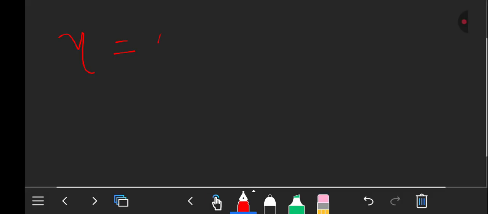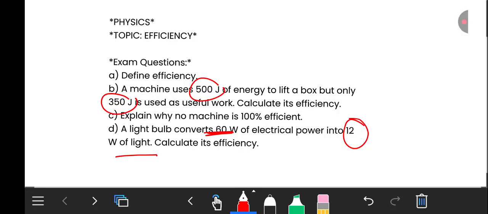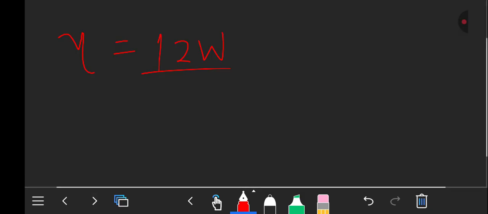So we say 12 watts over the total power input. A light bulb converts 60 watts, so that is the total power input. Then we multiply by 100%. So what is the efficiency? We can divide and cancel.